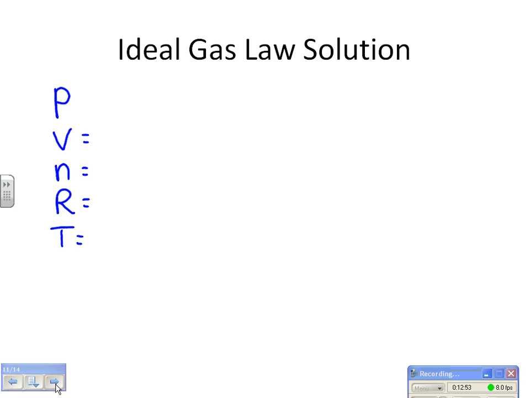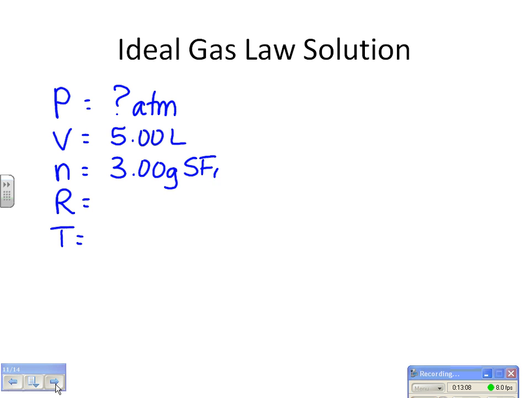We're looking for pressure. Volume is 5.00 liters. N is the number of moles of gas. Uh-oh, they gave us 3.00 grams of sulfur hexafluoride. So we're going to have to convert to moles by knowing the gram formula mass, the molar mass of the compound, which Miss Gill speedily looked up.